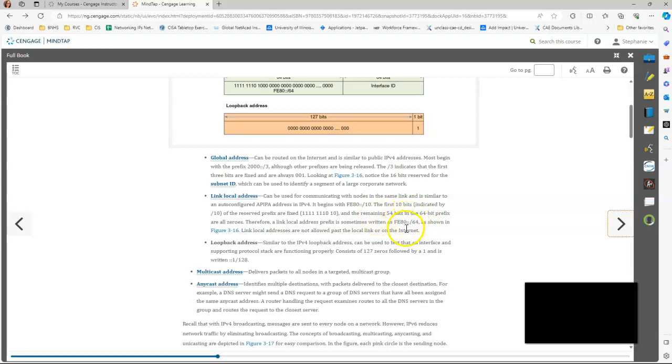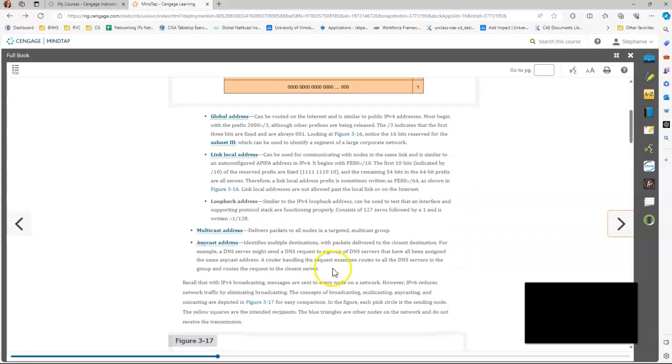FE80::10 could be your PC. That's if you're setting them up statically. And then the loopback address, ::1/128, is just 127 zeros followed by a 1. And then we get our multicast addresses and the anycast.